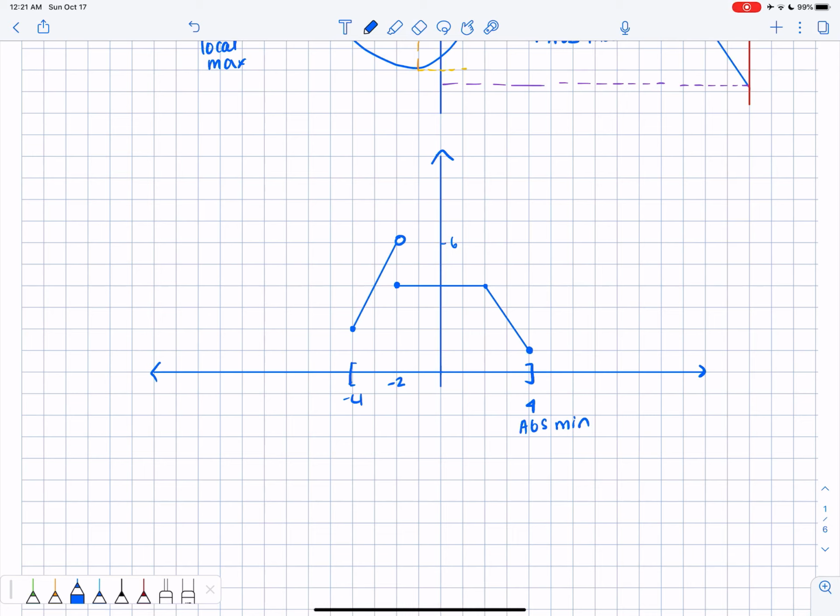Yeah, there's an x that f of x equals 5.999, but then there's also 5.99999, and so on. So if you look at this graph, you can say G has no absolute max, and then G has an absolute min at x equals 4. Okay, makes sense?